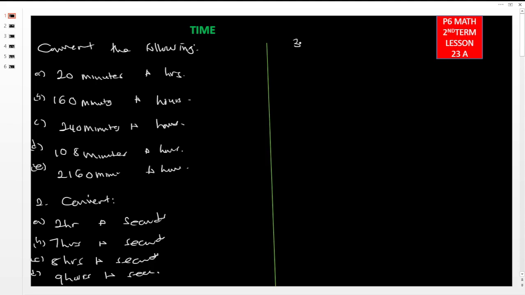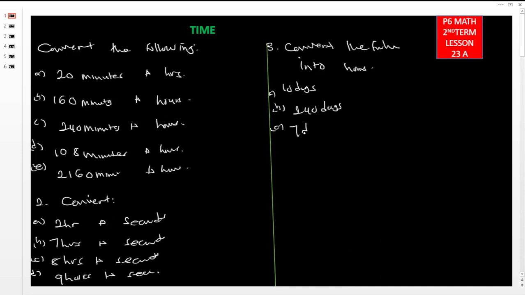Then number 3, convert the following into hours. 10 days, this is A. B, 240 days, 7 days, 18 days to hours.